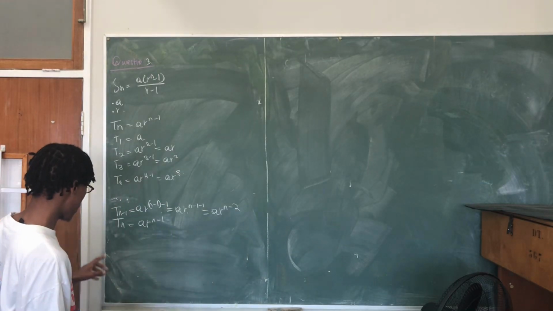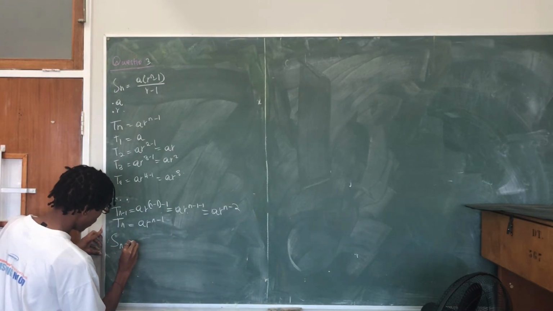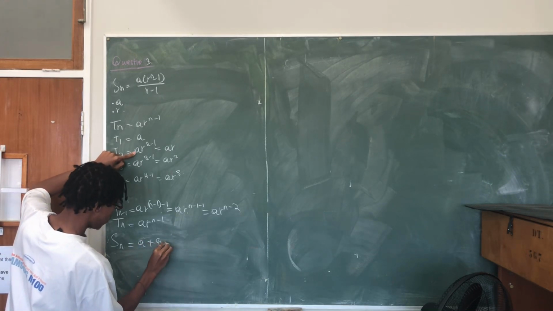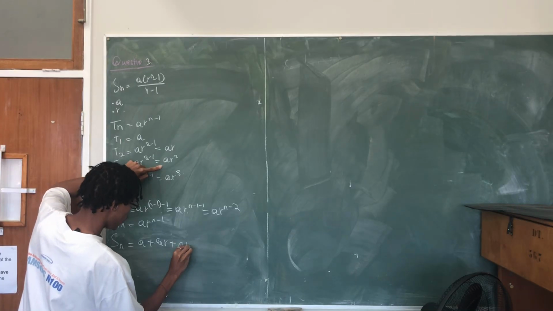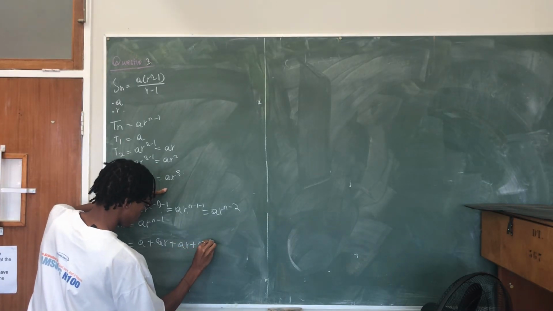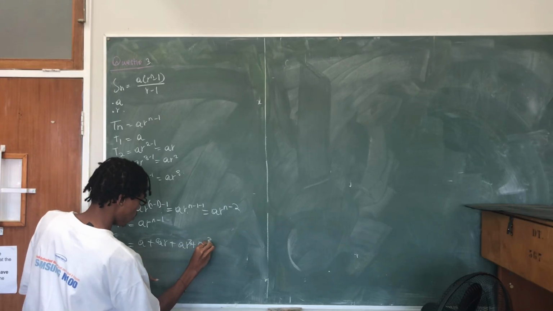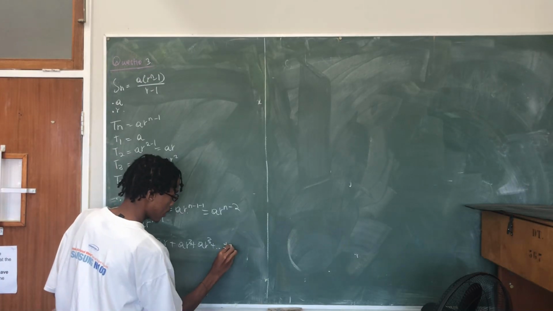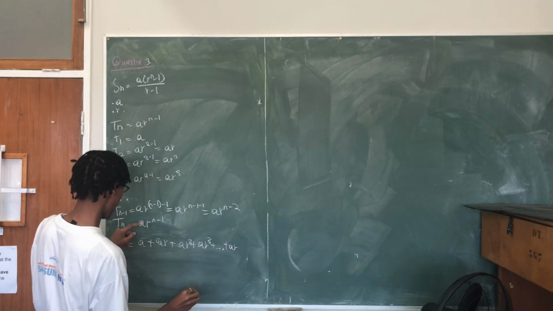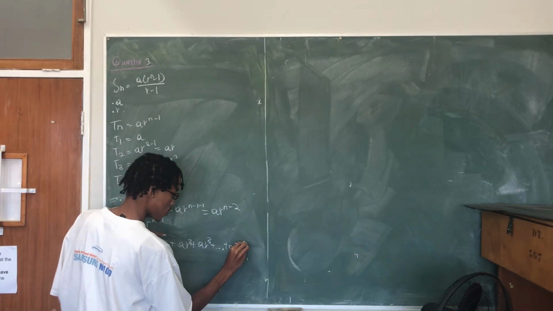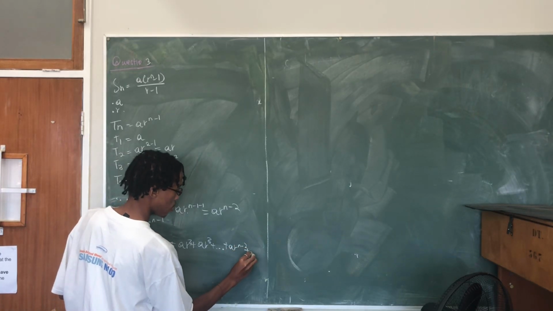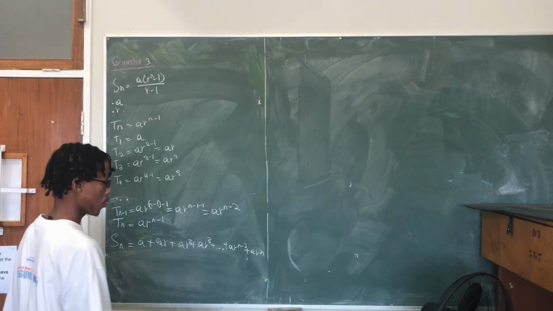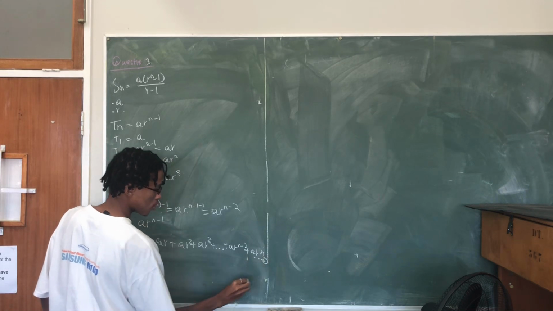What we're going to do is say the sum is going to be the first term plus the second plus the third plus the fourth, a r squared, a r cubed, plus the other values that come between, and then the second last term, which is a r to the power n minus 2, and then the last term, a r to the power n minus 1. This is our sum. We're going to express this as our first equation.